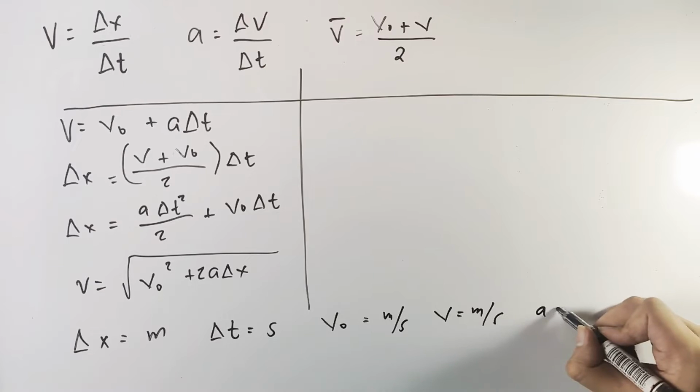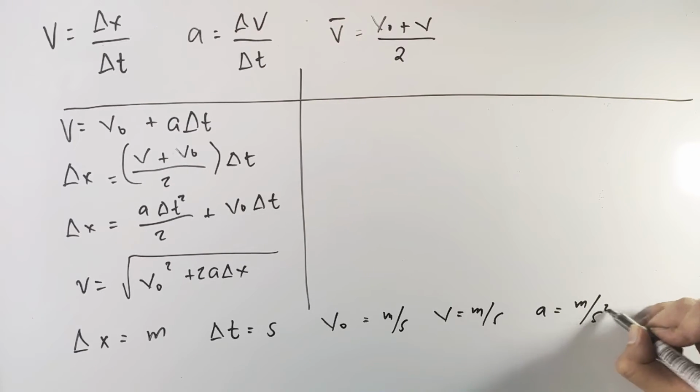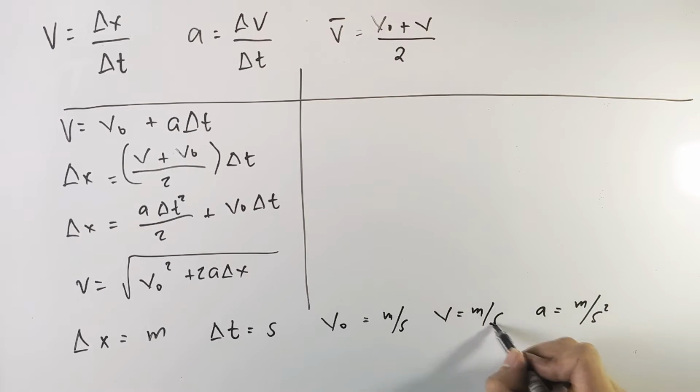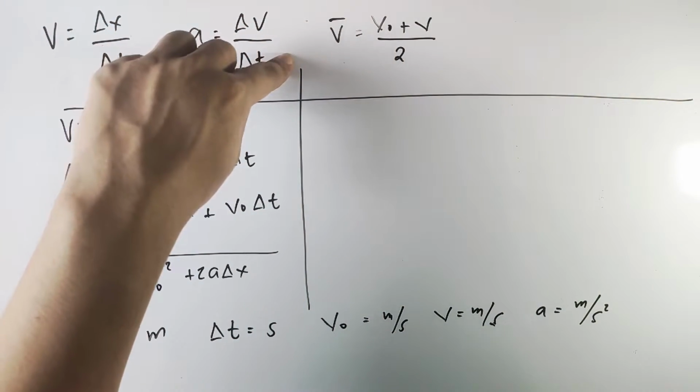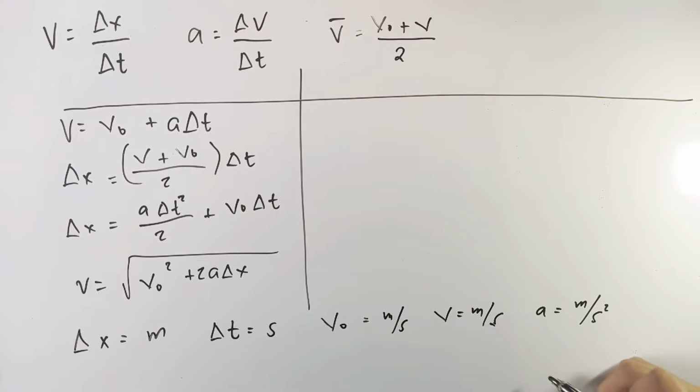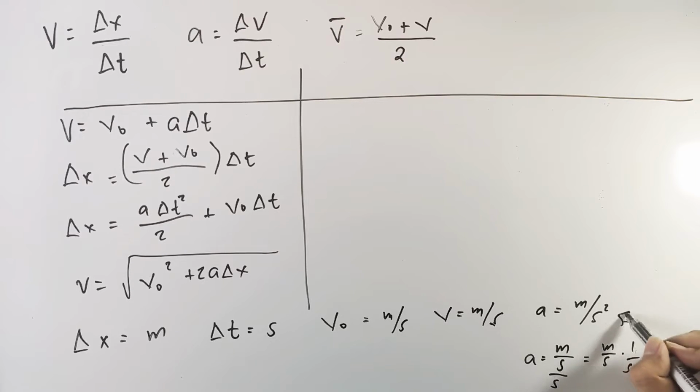Finally, acceleration has a unit of meter per second squared. Okay, so if you remember from the definition, this is meter per second, so that would be, oh, I'm just going to show it to you. So that's meter per second, correct? Which is equal to meter per second times 1 over second. Okay, so this would be the result of that. So remember these units, okay? So they will be very helpful to you along the way.